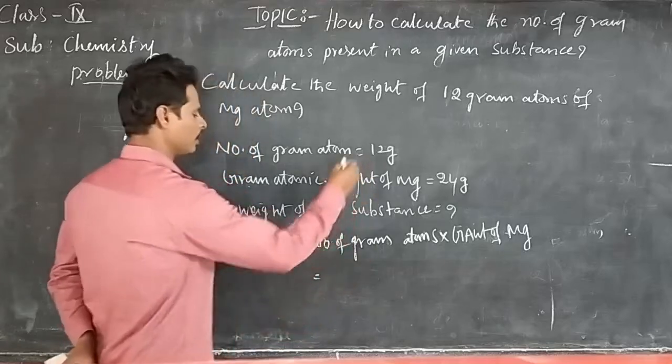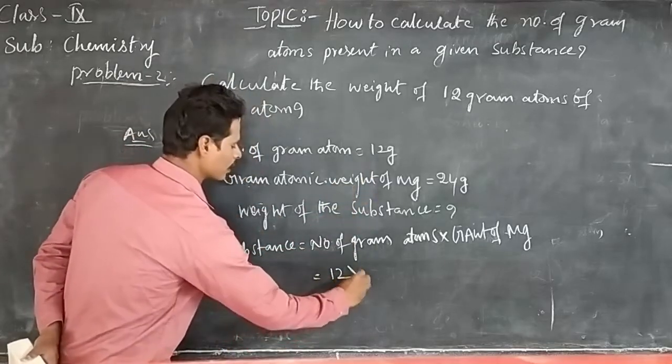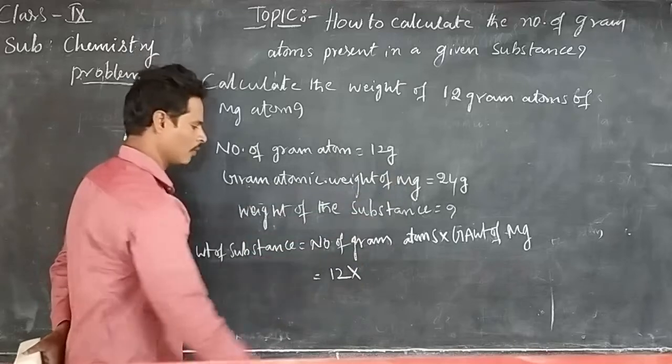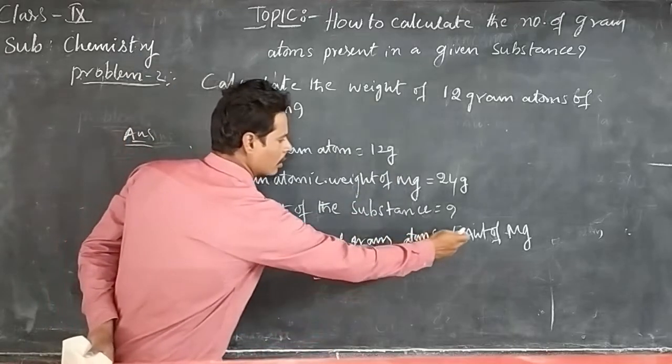Number of gram atoms, how many is there? 12 into 24, the gram atomic weight.